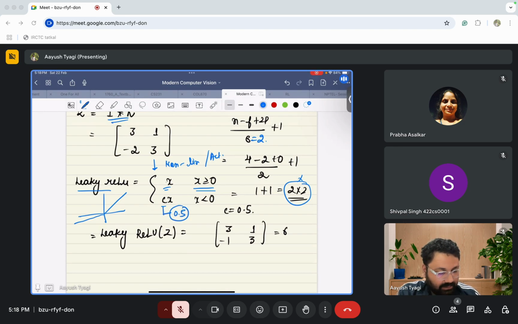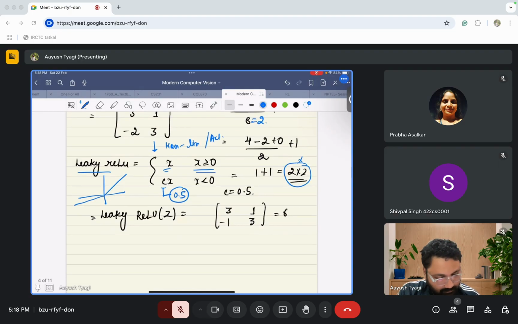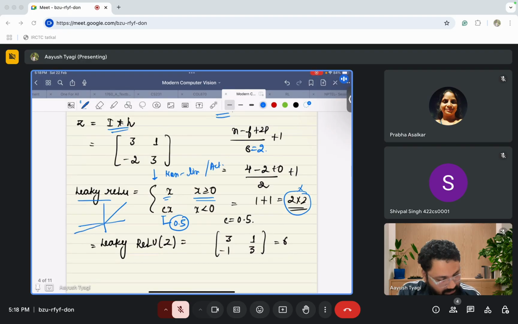So if you apply leaky ReLU on z, it turns out to be: 3 should be the same because it is positive, 1 should be the same because it is greater than 0. What will happen to minus 2? Minus 2 will become basically minus 2 into 0.5, that is minus 1.